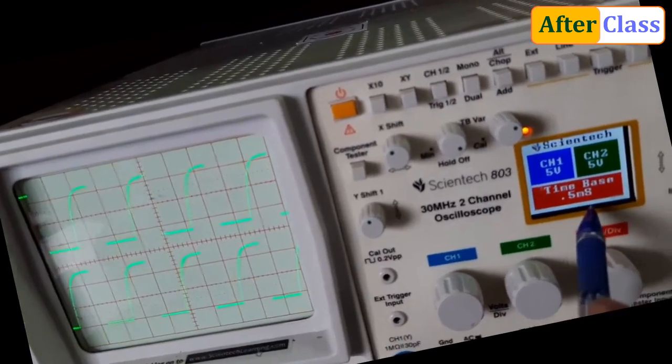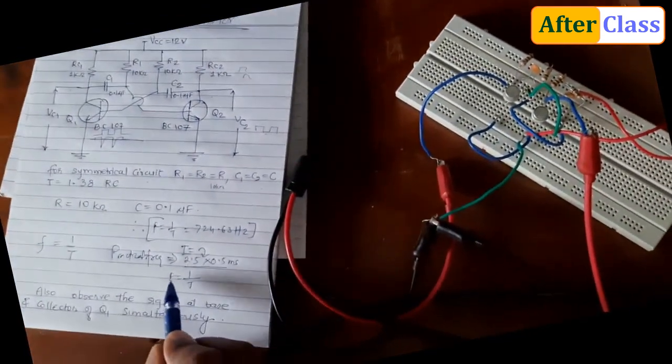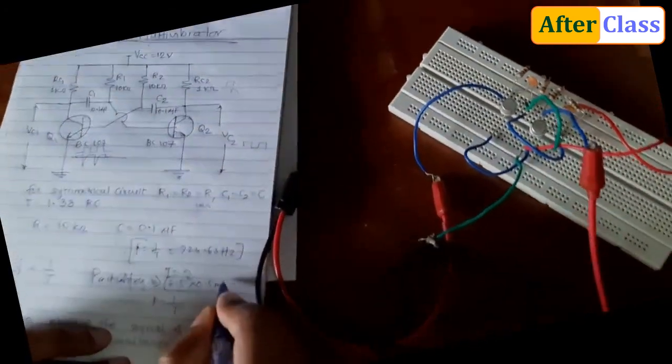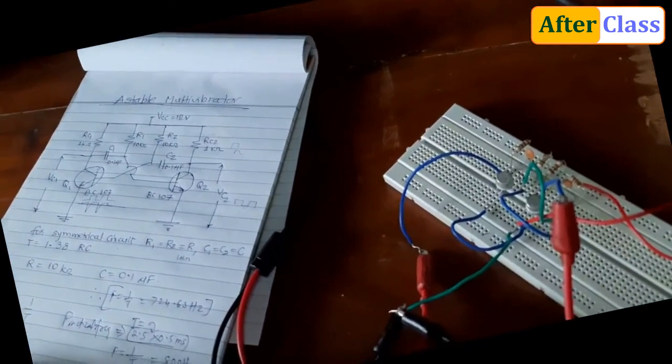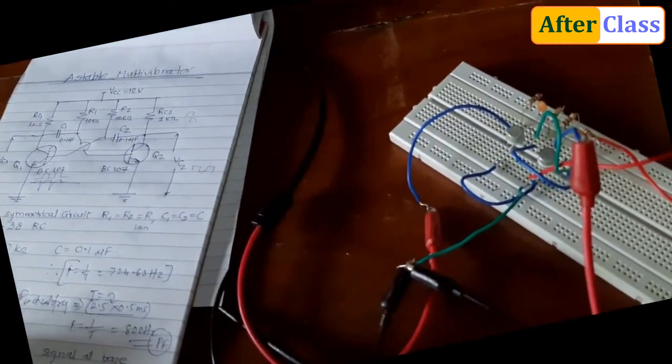If you substitute T equal to 2.5 into 0.5 millisecond, frequency is 1 by T, which gives a frequency of around 800 hertz. This is the practical frequency that we have obtained from this particular design.